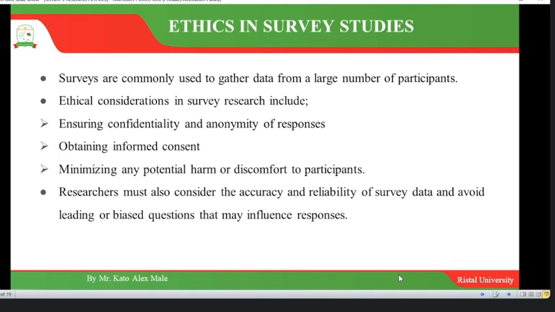Yesterday we saw the different types of questions that can be asked in a questionnaire. In case I can repeat, we have those which are structured, meaning I give the options. For example, what was your highest level of education? I give options: primary, secondary, tertiary. That is a structured question.